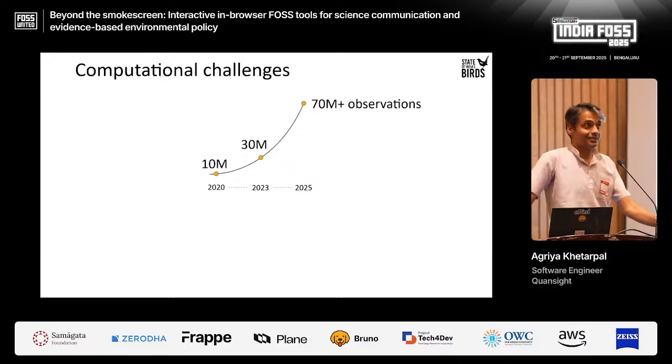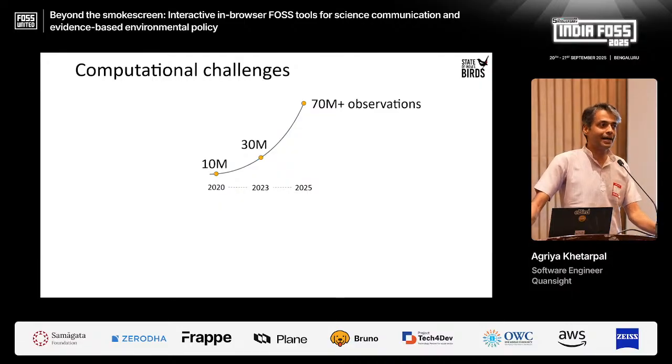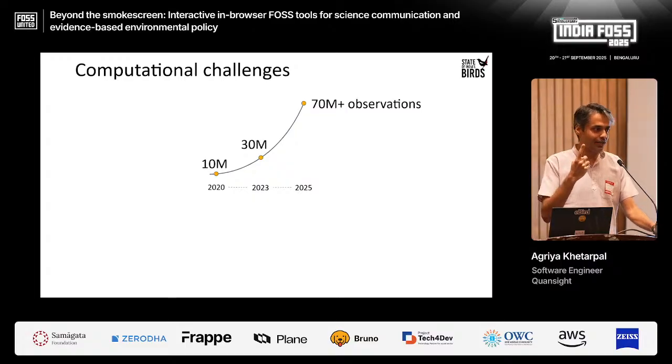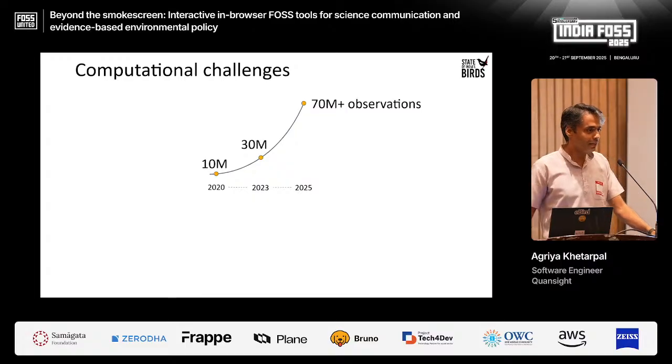One of the key challenges at a purely practical level has been that the data corpus has been growing very fast in the past decade. When we made our first report in 2020, the corpus was 10 million rows. All the analysis for nearly 1,000 species ran on one colleague's laptop.